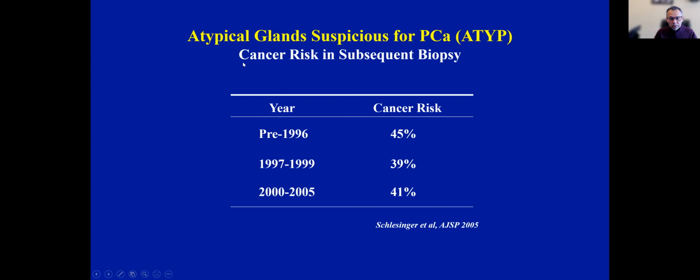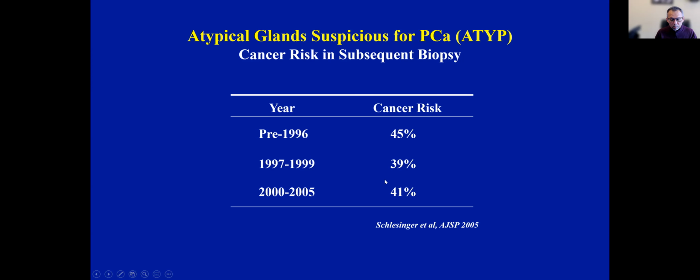It is important to keep in mind that even in the contemporary extended and more extensive sampling type of practice that we are in right now, the significance of atypical glands suspicious for cancer as a predictive marker of unsampled cancer in a repeat biopsy is still significant. Even if you look at it in the post-2000 era, it is a 40% chance of having a cancer at a repeat biopsy.